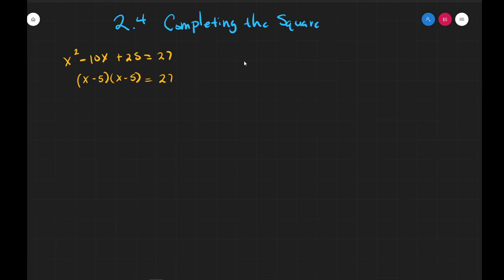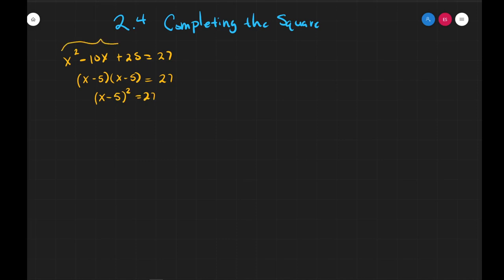So to deal with that, we want to get rid of these two terms. Since these are the same, let's just make it x minus 5 squared equals 27.